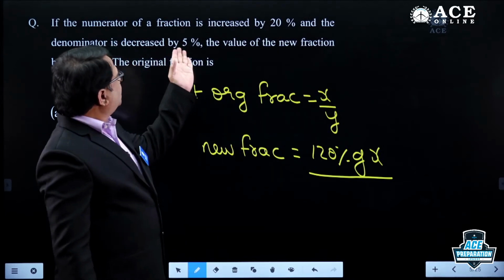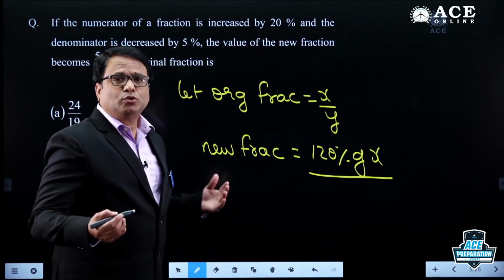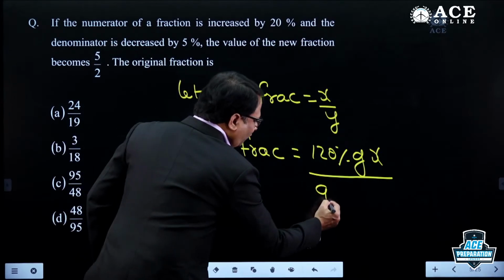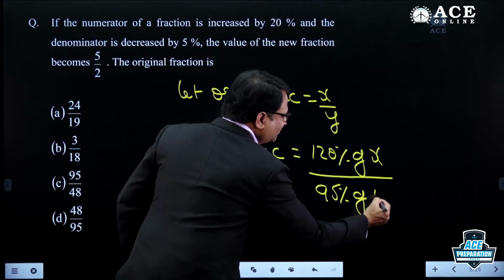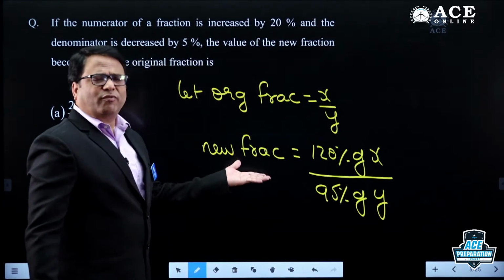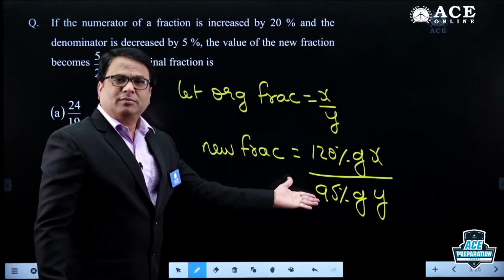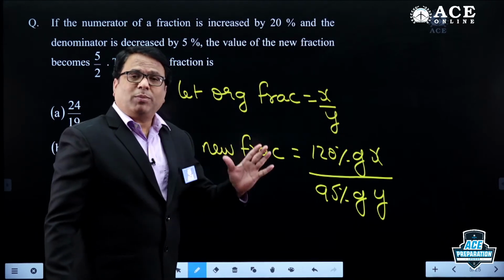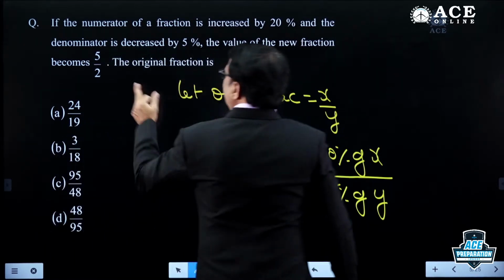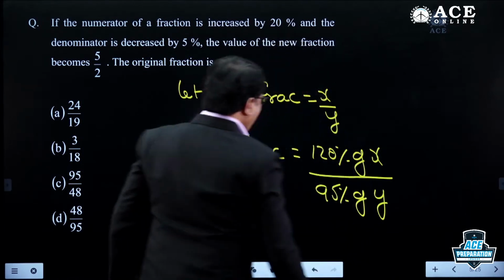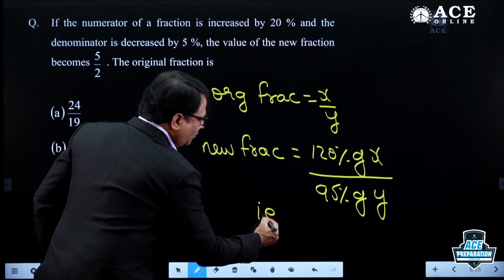Then what is the new denominator? The denominator is decreased by 5%, so the new denominator is 95% of y. So this is the new fraction. We got the new fraction. But in the problem, the new fraction is clearly given as 5/2. So I substitute 5/2 on the left side.